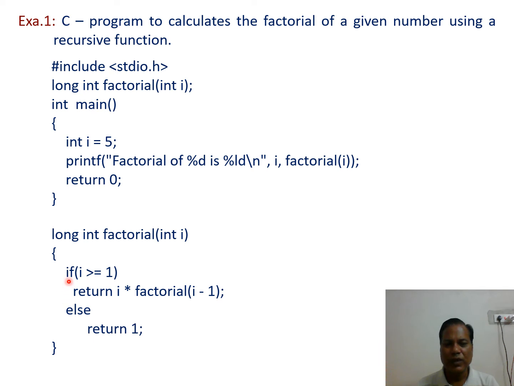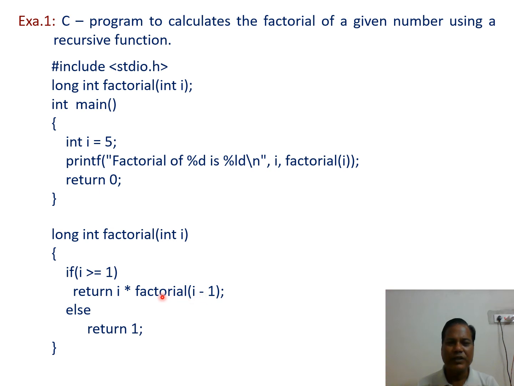When true, the if part of the statement is return I into factorial I minus 1, return 5 into, again, a factorial function call, that is, this function is calling itself, but in calling itself it is passing a value which is less by one than the previous value, that is 4 here, 5 minus 1, that is 4.